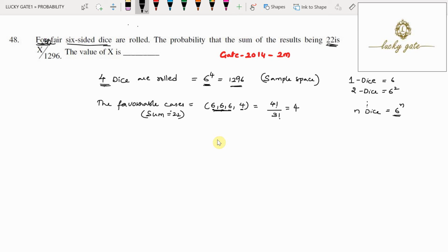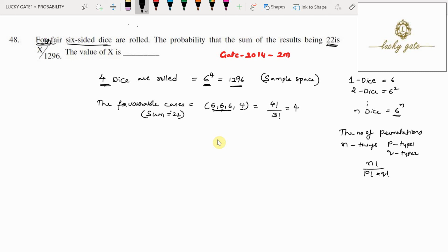Here the point is the number of permutations. The number of permutations of n things in which p things are of type 1 and q things are of type 2 and so on, and the remaining are different things, is n factorial divided by p factorial into q factorial.